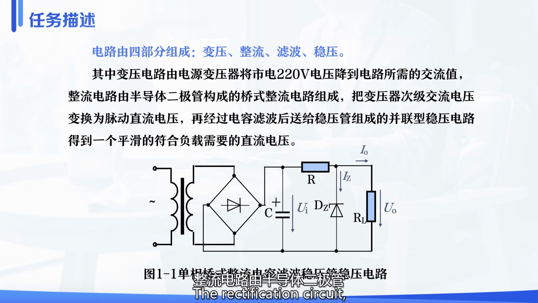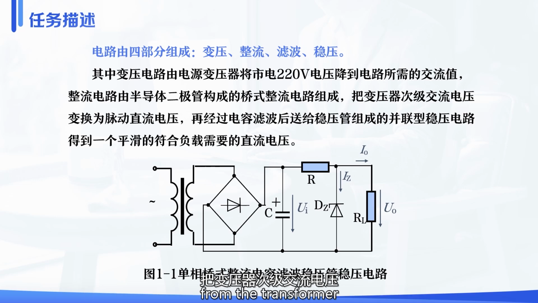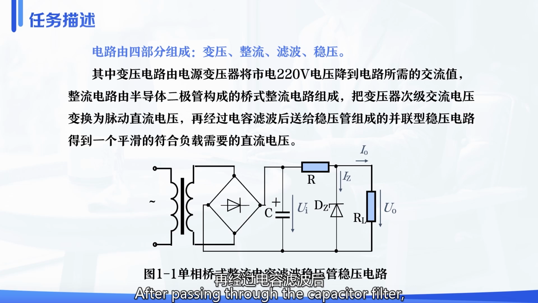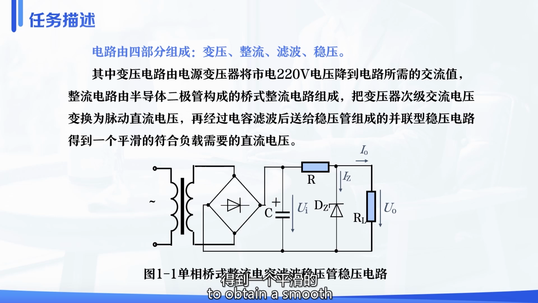The rectification circuit, made up of semiconductor diodes, forms a bridge rectifier circuit, which converts the secondary alternating current voltage from the transformer into pulsating direct current voltage. After passing through the capacitor filter, it is supplied to the shunt voltage regulation circuit composed of a voltage regulator tube to obtain a smooth, direct current voltage that meets the needs of the load.